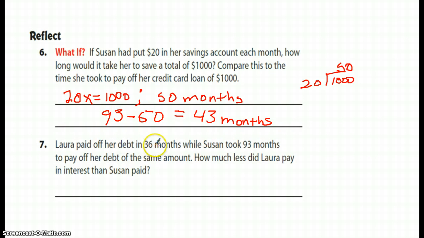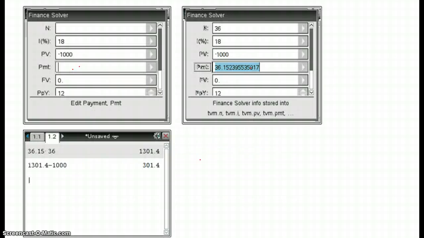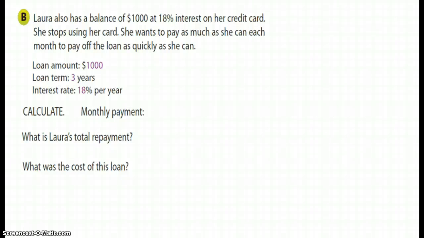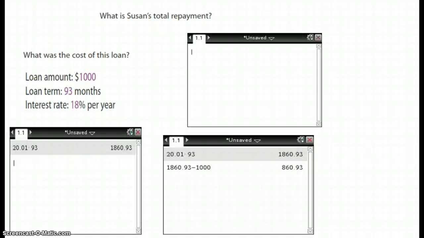All right, so now we're at Laura. She paid off her debt in 36 months, while Susan took 93 to pay off her debt. How much less did Laura pay? Let's go back and look real quickly at what Laura paid. Laura paid $301.40 and Susan paid $860.93.